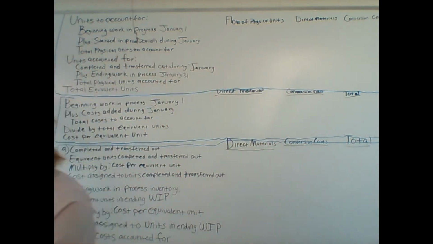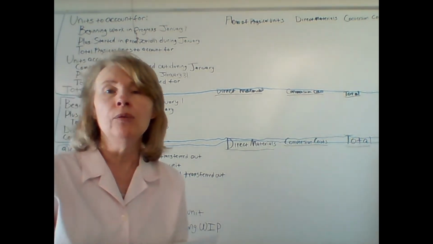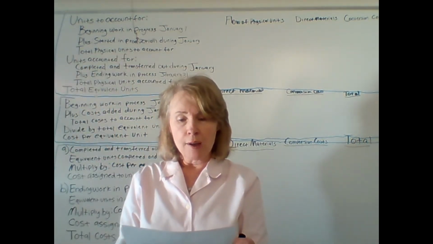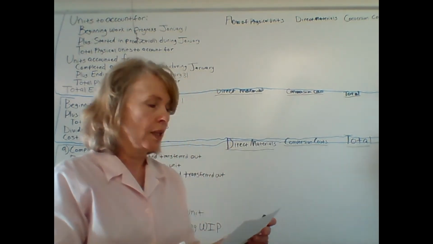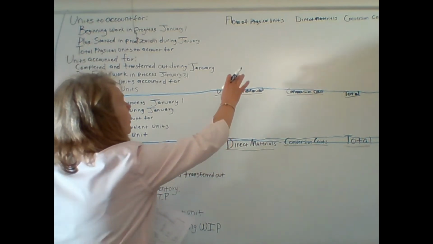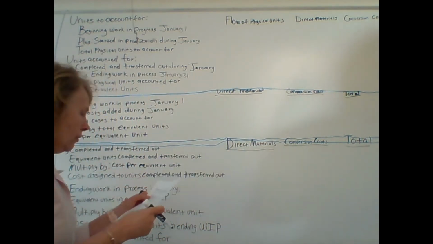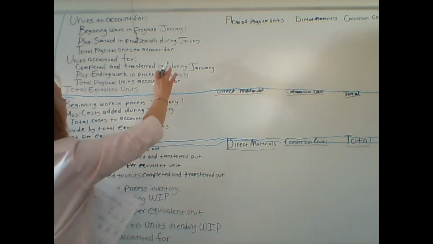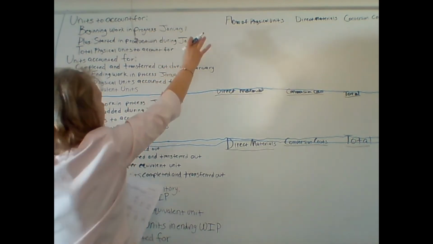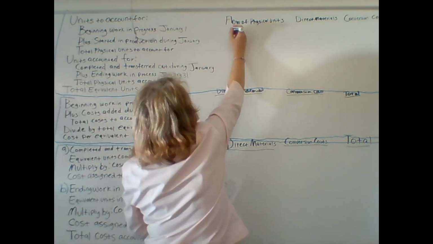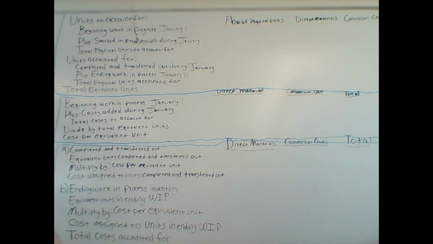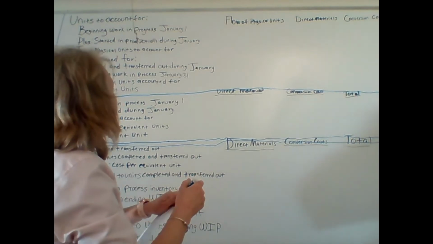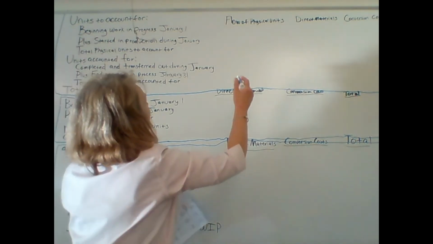All right, so the first thing we're going to do is figure out the units, the physical flow of units. We're going to start with beginning work in process for January 1st, which is 100,000. You know what? I'm going to write in a blue pen so it really shows up. Okay, so beginning work in process is 100,000.